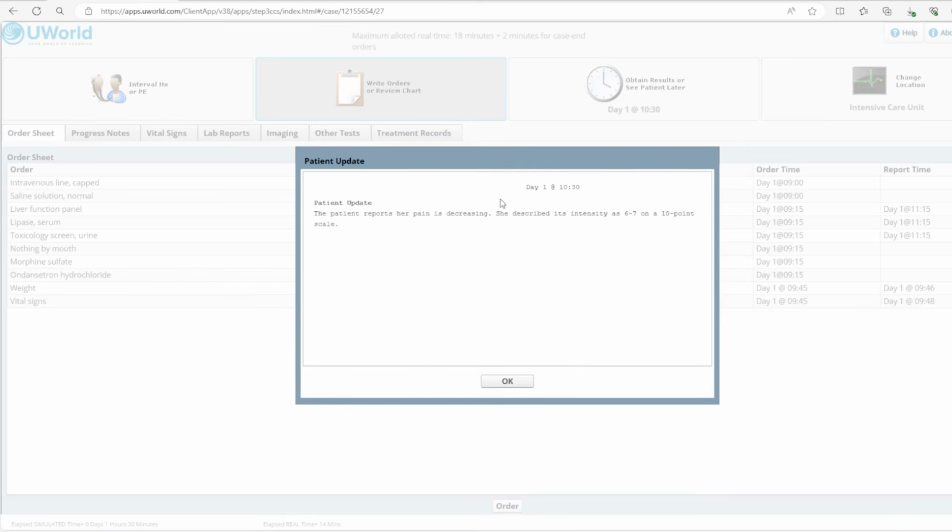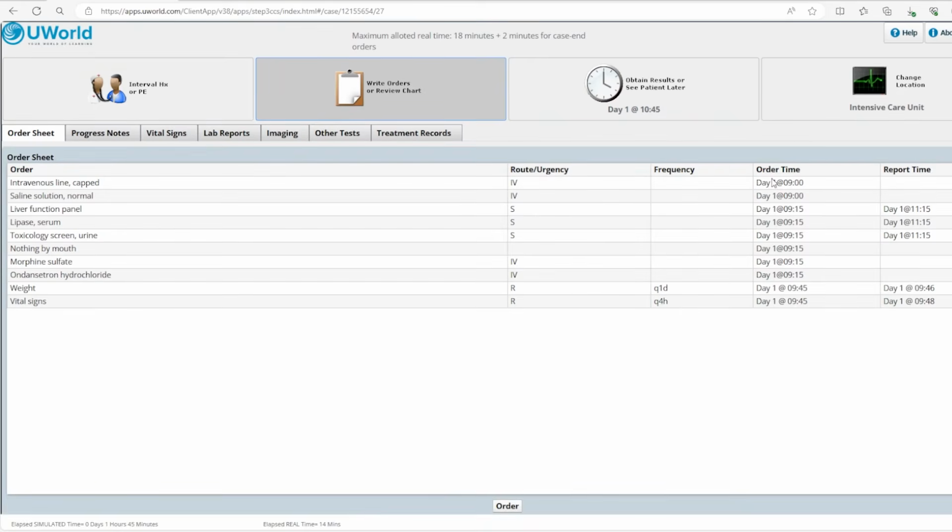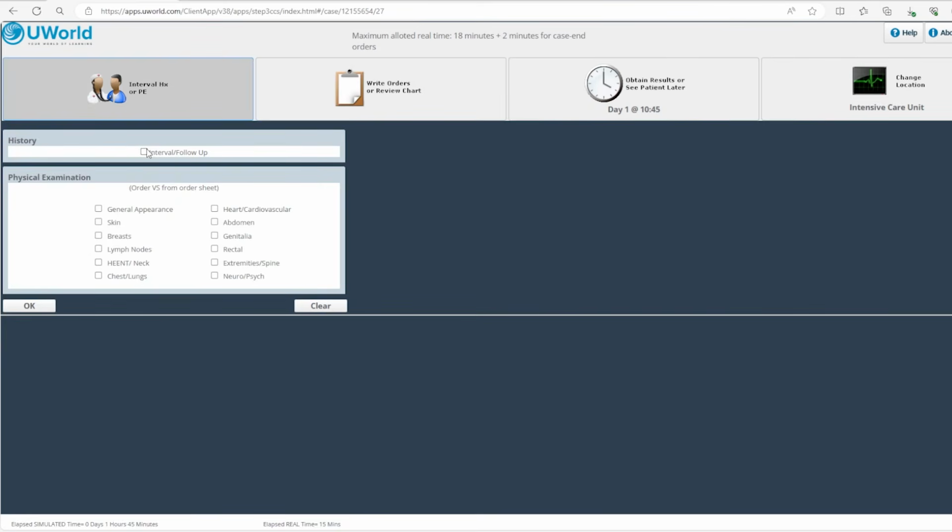So only an hour and a half after the case started, which was day 19 if you realize when the case started. So in a few minutes after we get a few more results, we can start ordering the interval history and the interval physical exam. We're gonna click OK, continue, and we're not getting more results. So I'm gonna get an interval history here, interval follow-up, and the main things that I want to check maybe is abdomen, very important, chest, and general appearance.